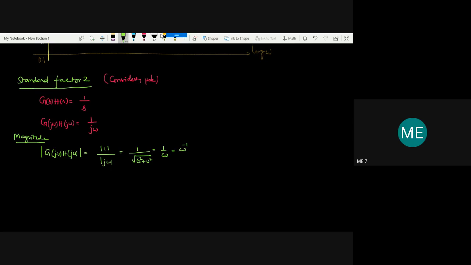Now we need to convert into decibels by applying 20 log. So 20 log of mod of g of j omega h of j omega is equal to 20 log of omega to the power of minus 1, which is nothing but minus 20 log omega, in decibels.